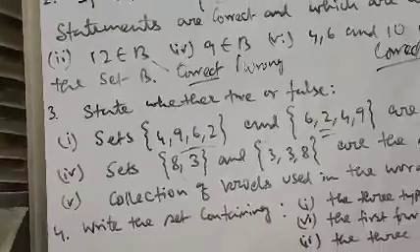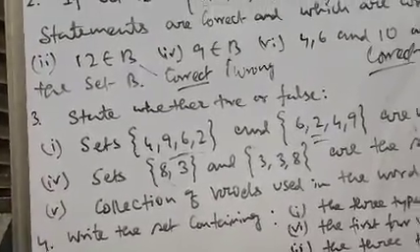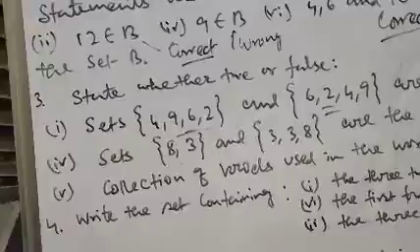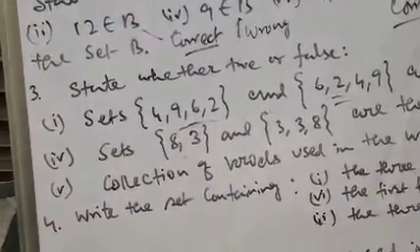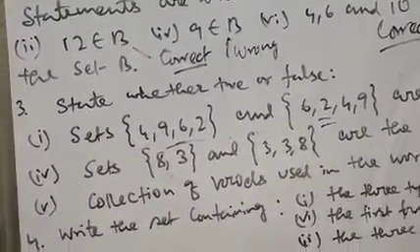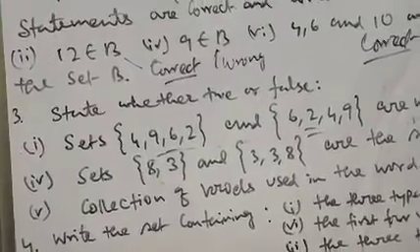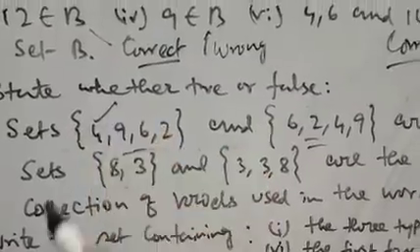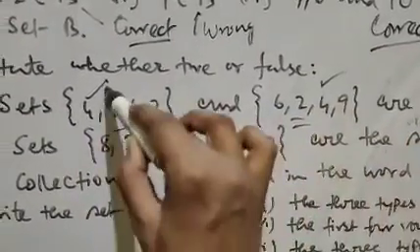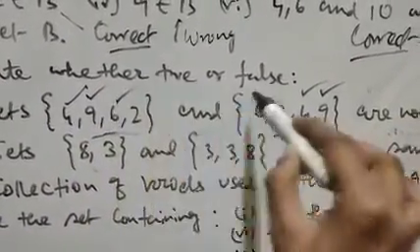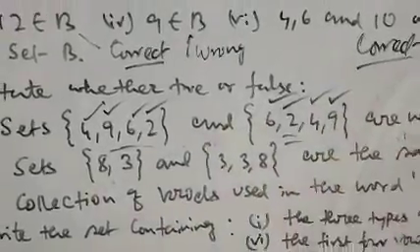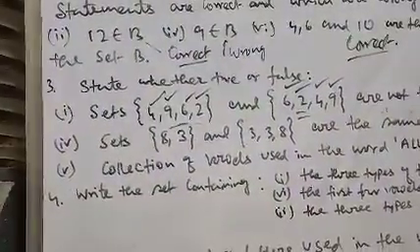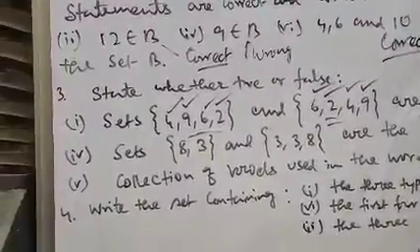If you change the order of writing the elements, that doesn't make any change in the set. See the numbers carefully. Here 4 is written, here 4 is written, 9 is written here, 9 is written here, 6, 6, 2 and 2. So the elements are the same, only the order is different. Therefore, by the rule of property 1, the set will be the same. Therefore, the statement is false.